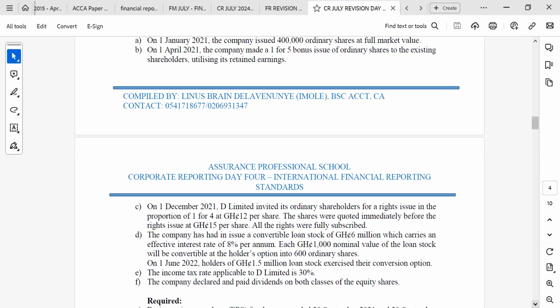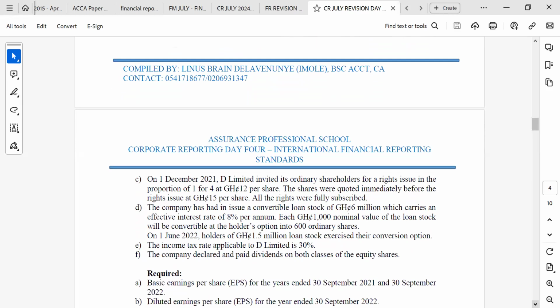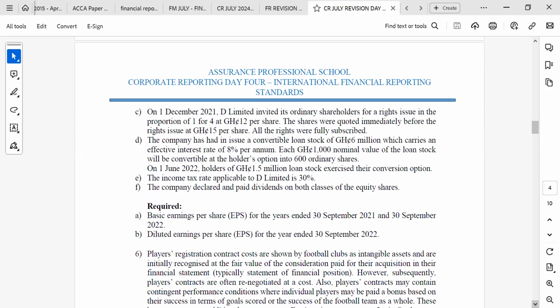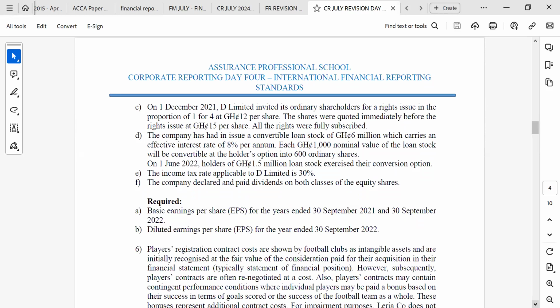F, the company declared and paid dividends on both classes of the equity shares. Required: basic earnings per share for the years ended 30th September 2021 and 30th September 2022, and diluted earnings per share for the year ended 30th September 2022.